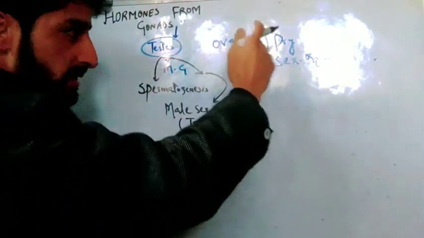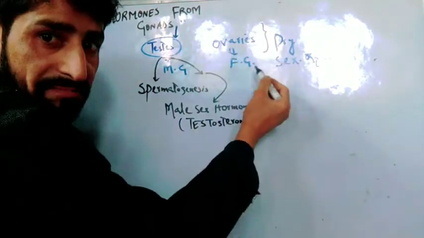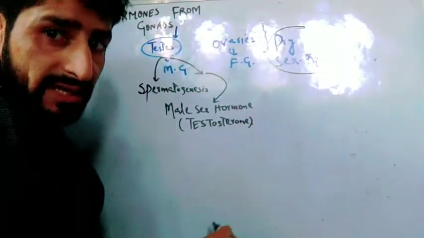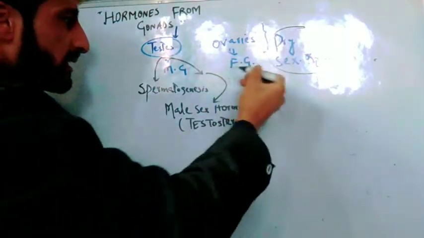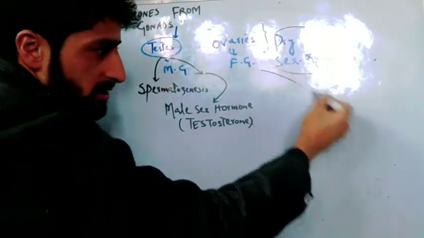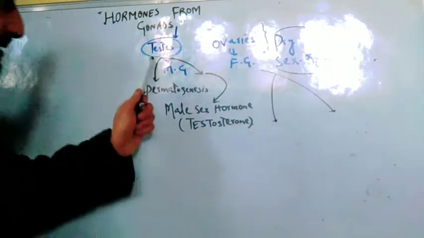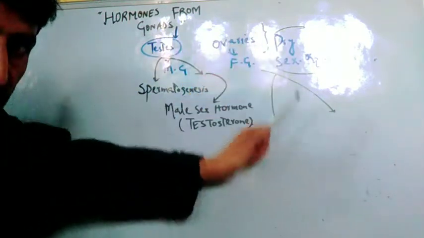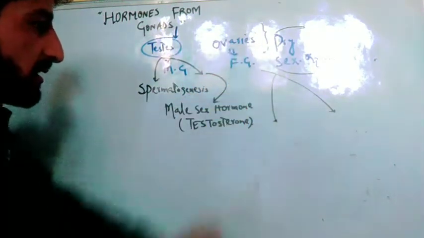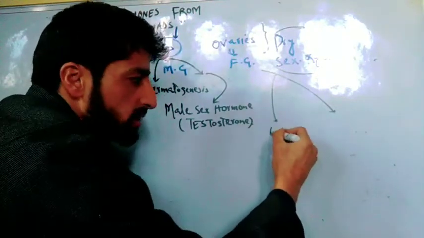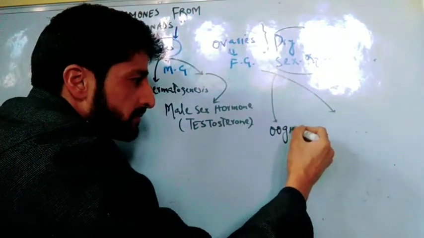As far as ovaries are concerned, they are known as female gonads. They are also known as primary sex organs in case of females. Likewise testicles, ovaries also have two important functions. The first function is egg formation, oogenesis, ova formation.